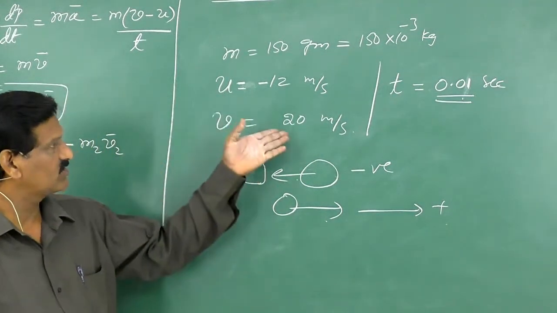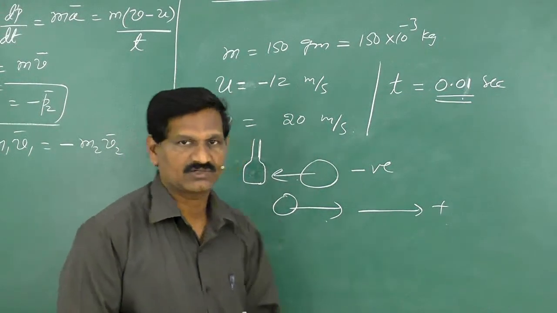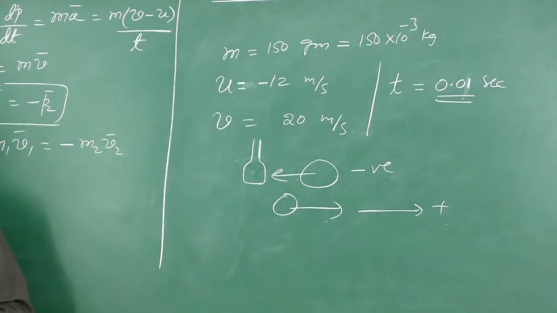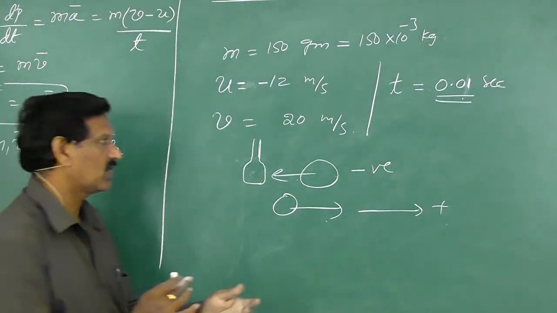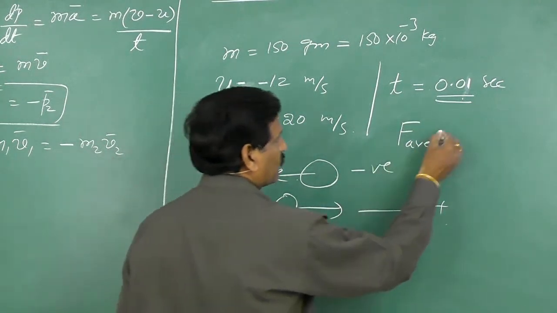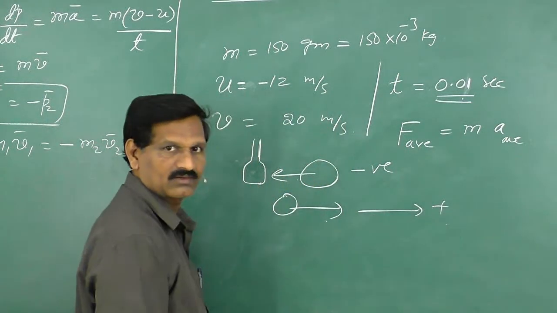Since there is a change in velocity, there will be an acceleration. So, to find the average force exerted by the bat on the ball, we have to calculate the average force. Average force means mass into average acceleration.